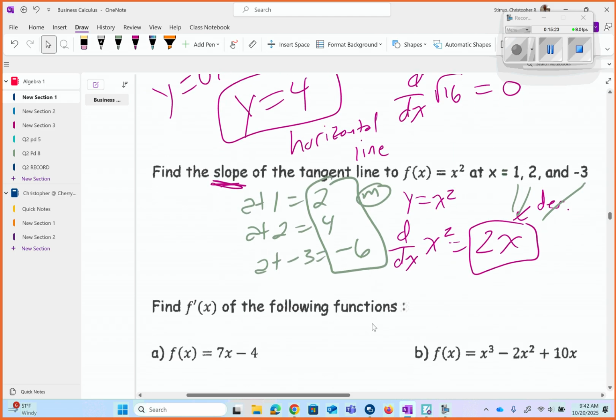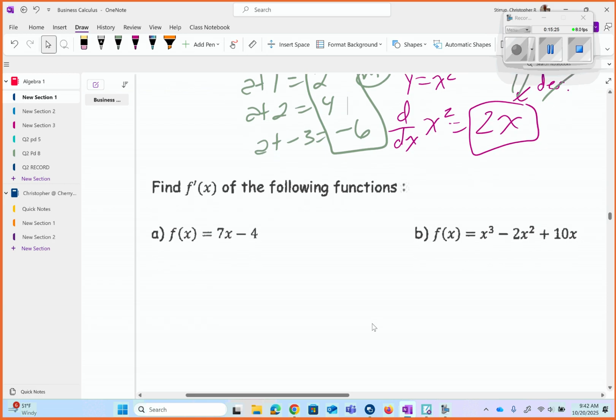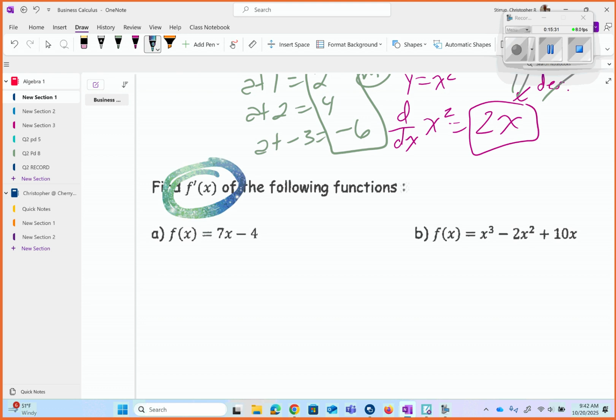So let's move down here. So if I want to find the derivative, now we're going to change something. In this book, a miracle kind of took place. You see how that has a little F with a little tick mark above it? That means d over dx. That means you're doing the derivative, first derivative.